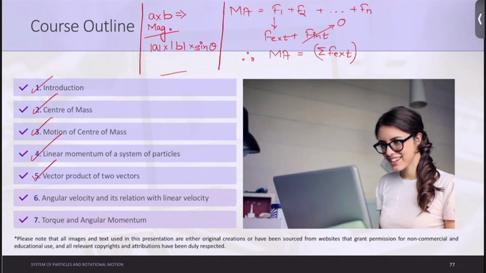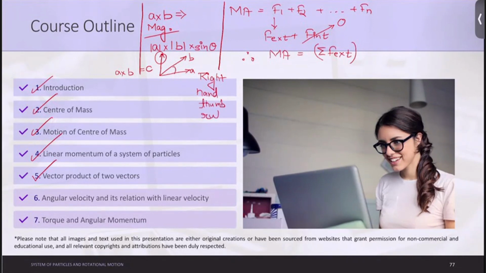We find the direction using the right hand thumb rule. If A and B are in one plane, then C, which is equal to A cross B, will be perpendicular to the direction of A and B. The direction is calculated using the right hand thumb rule.